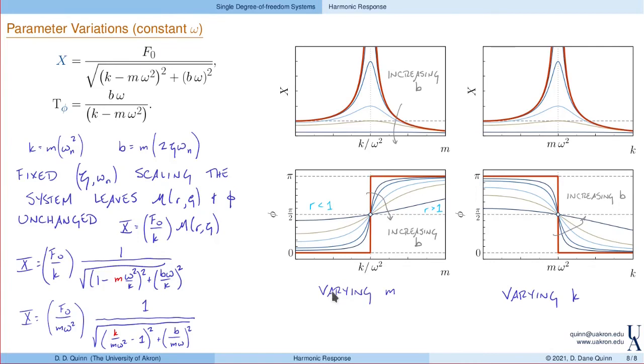The big difference between varying the mass and varying the stiffness comes in terms of the phase. For small values of the stiffness, we see that the phase is actually pi. So that would correspond to r greater than 1 back in our magnification factor phase plots. While if k is large, now we're back into a situation where r is less than 1.